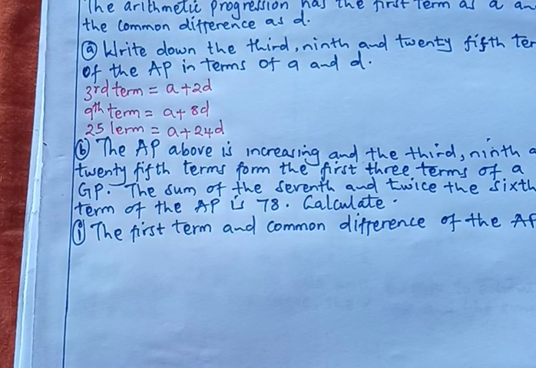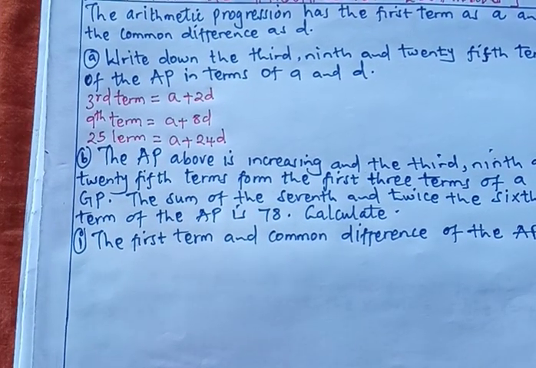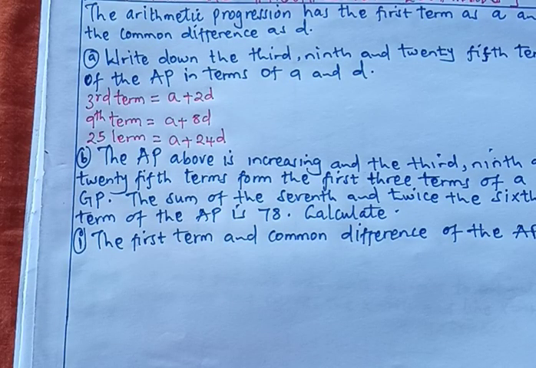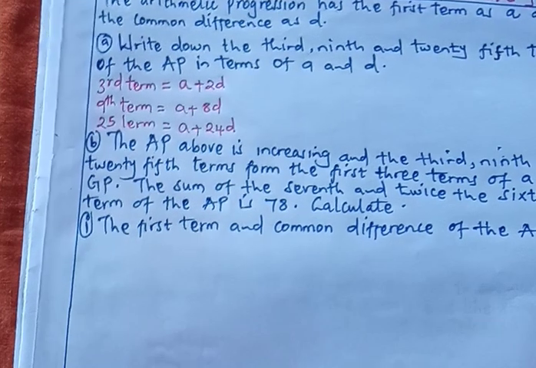Now let us proceed to the next part, which says the above arithmetic progression is increasing, and the third, ninth and 25th terms form the first three terms of a geometric progression. Now the sum of the seventh term and twice the sixth term of the AP is 78. Calculate the first term and the common difference.